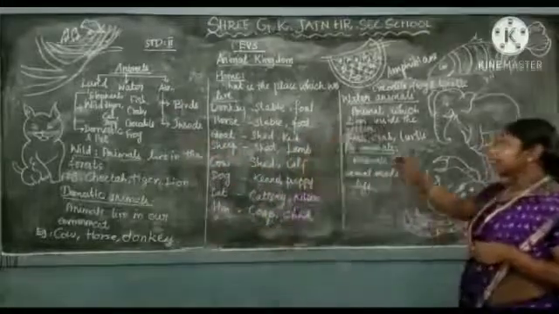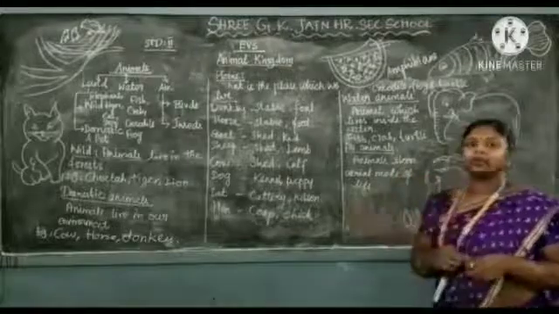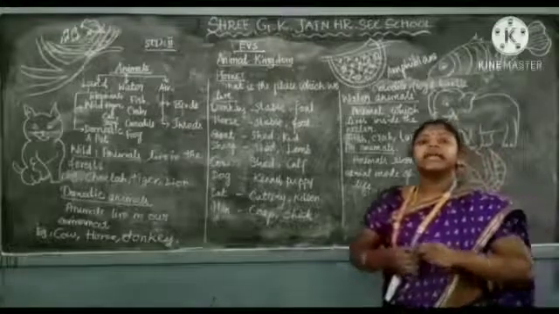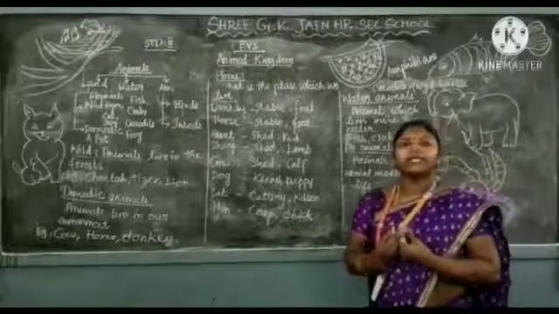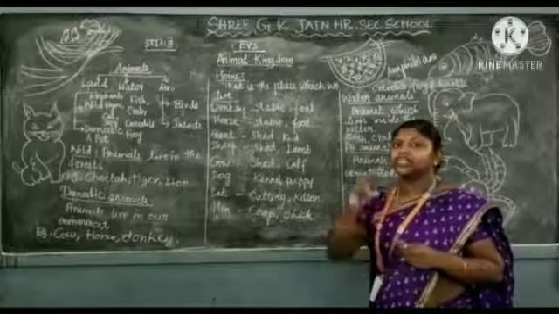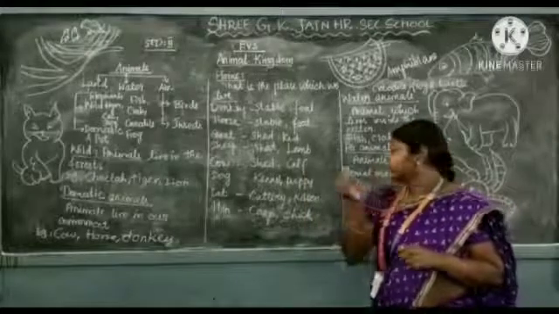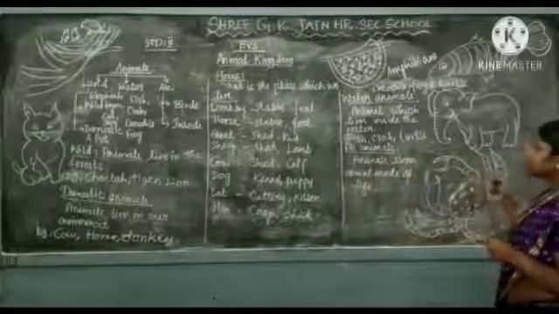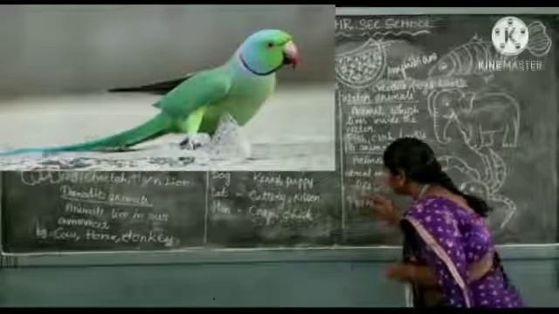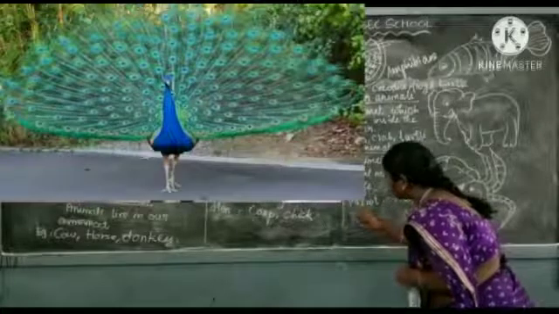Okay, so now we'll see about the air animals. Air animals show aerial mode of flight. They can fly easily because they are less weight, light body to fly on the sky. They are having 2 legs, 2 wings and a beak. So example for the birds: parrot, crow, peacock.